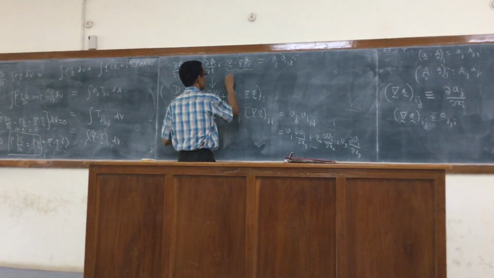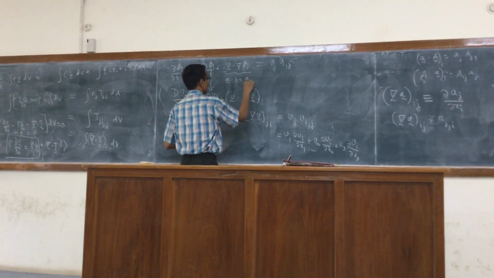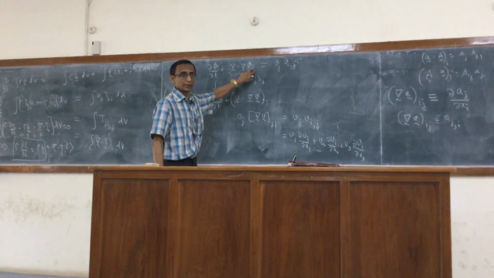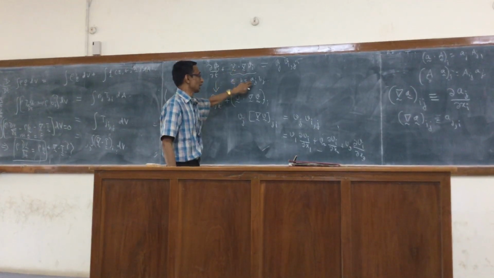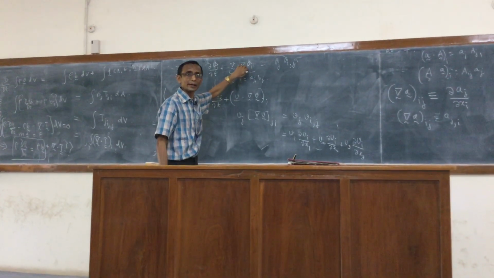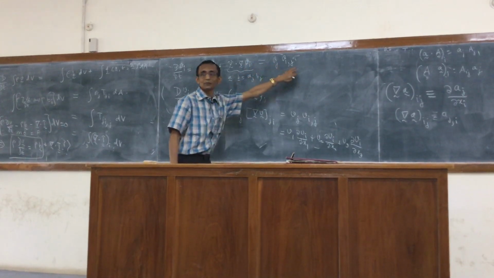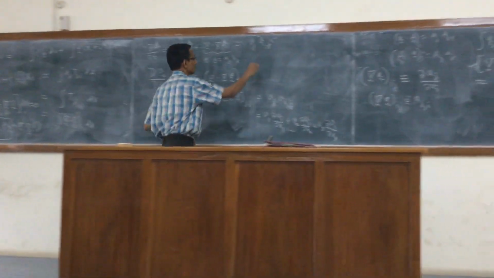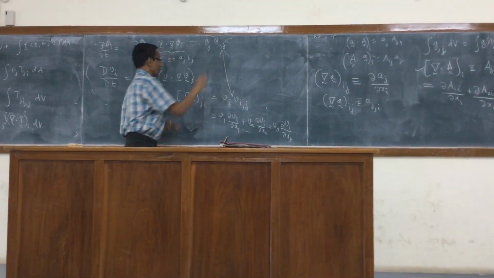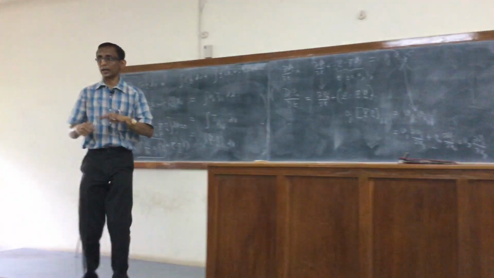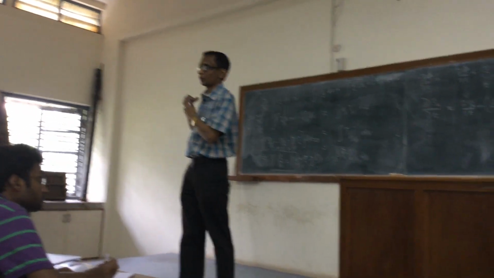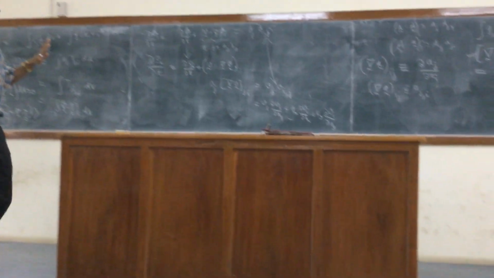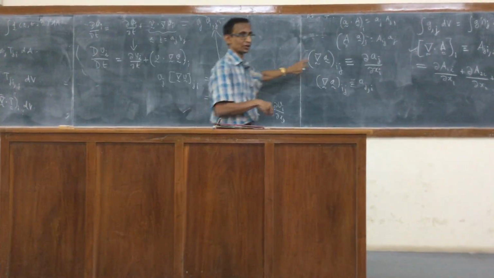So this is actually A dot B. I can write this as Aj, and because I have already used it, this is a vector B. So Bj times the j-th component of the gradient of Bi, that is Bi comma j. And that is exactly what that dot product is. Clearly, it is exactly what we get by writing it in a slightly different way, as the i-th component of the dot product of the velocity with the gradient of the velocity, which is a tensor, entirely consistent with the original definition.